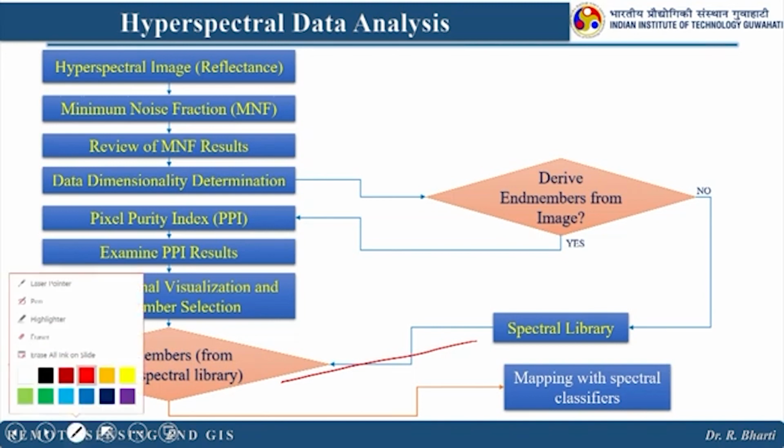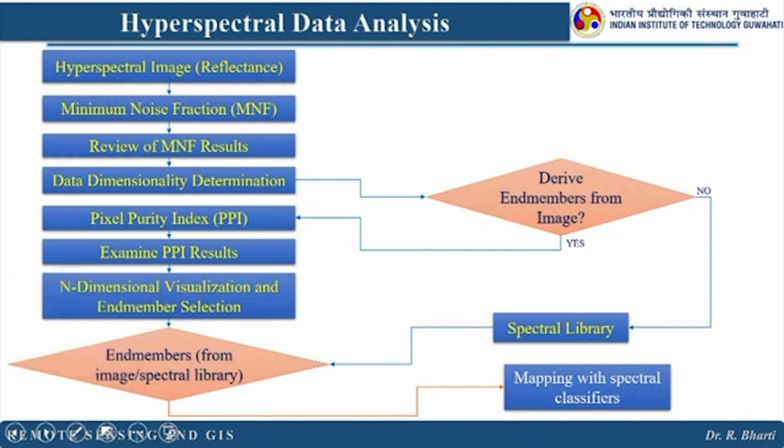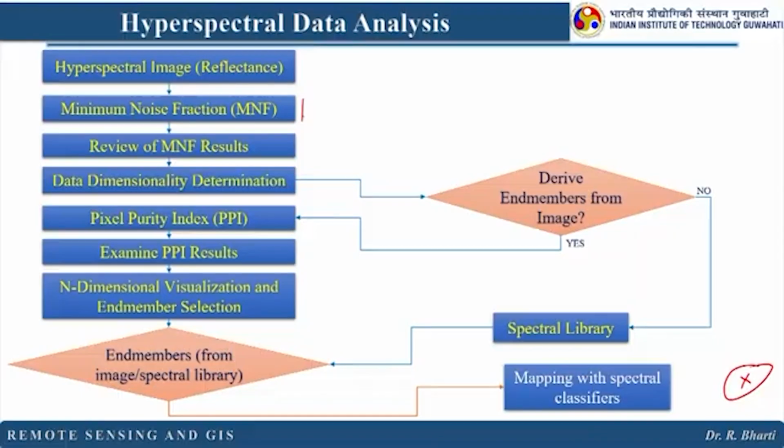So I will just summarize this flow chart. Here basically I want to identify a particular target X, right? But for that we have captured a hyperspectral data, and in this case let us consider Hyperion data we are using here, and we have converted that Hyperion data into reflectance, and then afterwards I have reduced the data dimensionality using minimum noise fraction.